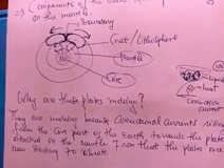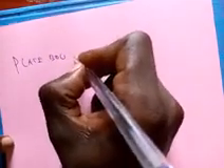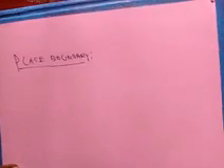Now, after knowing the meaning of plate boundary, let us see the types. Here we have plate boundary. This is where two plates are joining together. We have different types of plate boundary.